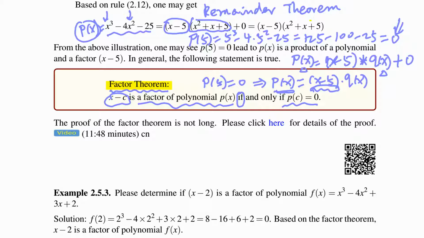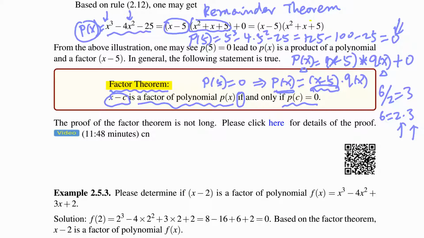What's the meaning of a factor? It's like 6 divided by 2 is 3. The remainder is 0. Then 6 can be written as 2 times 3. So 2 is a factor. So is 3.